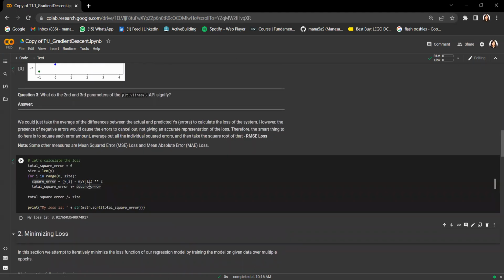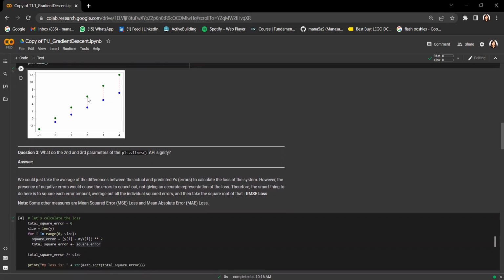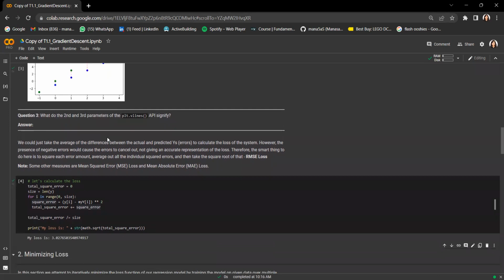So here we are using RMSE. The first thing you can think of to quantify this loss for the entire model is to average out the differences. You could take the difference of each y value, average it out, and that would give you the mean difference or the mean loss of this model.